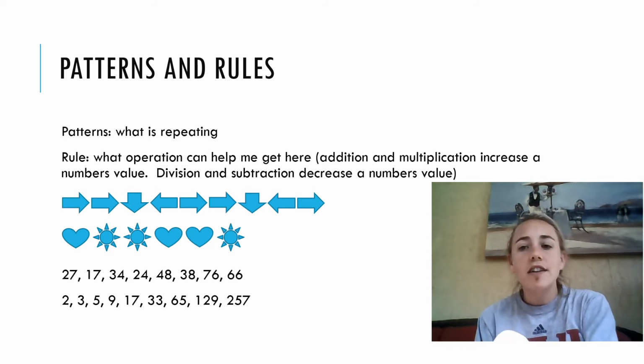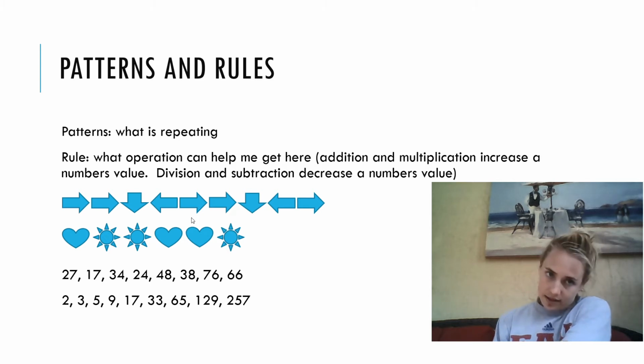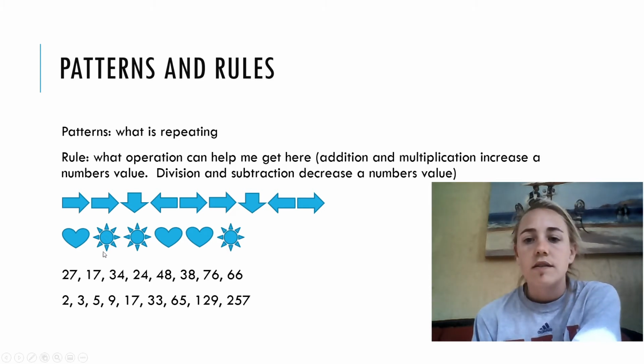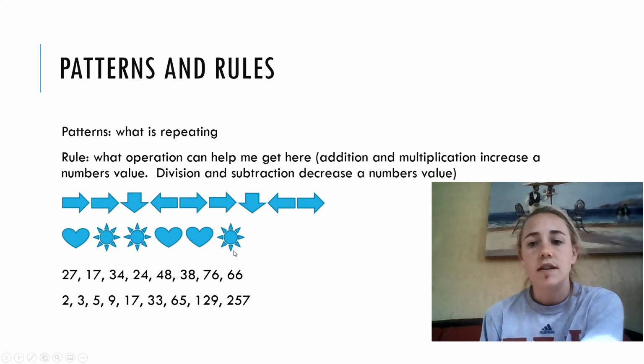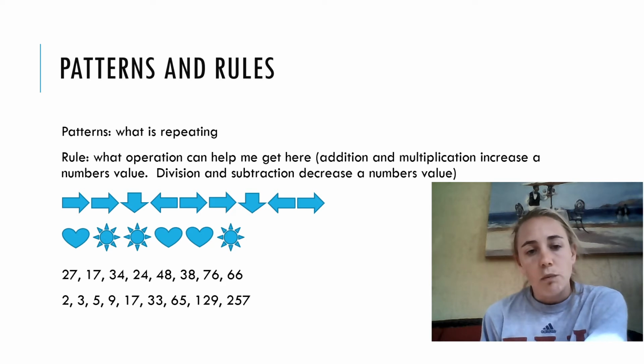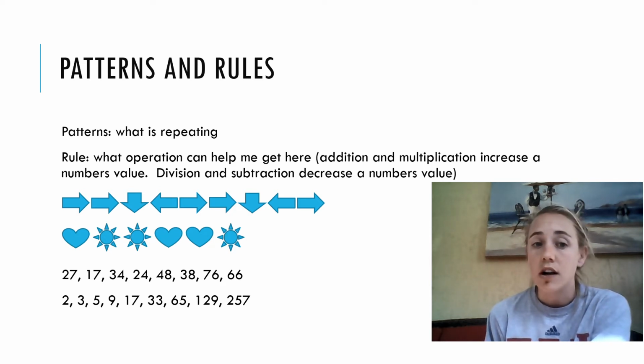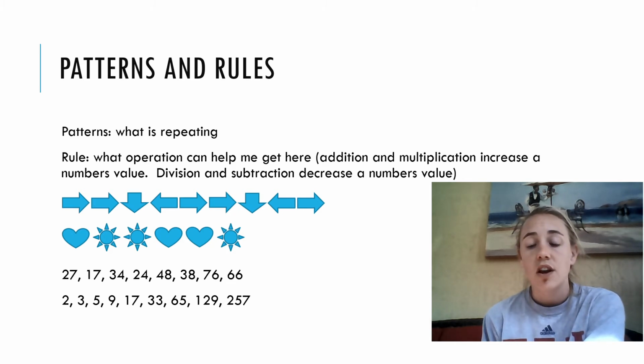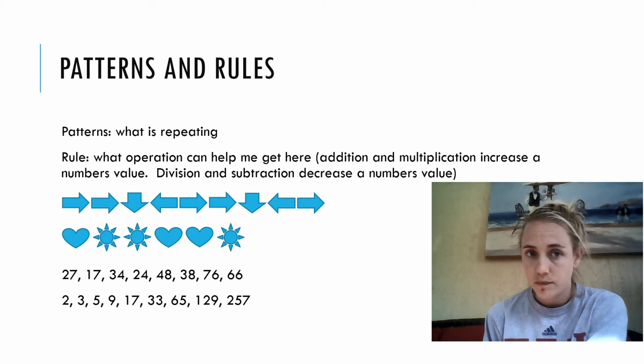Our next pattern uses hearts and suns. It goes heart, sun, heart, sun. So I need to think, what is being repeated? I know I have a heart, two suns, two hearts, and a sun.